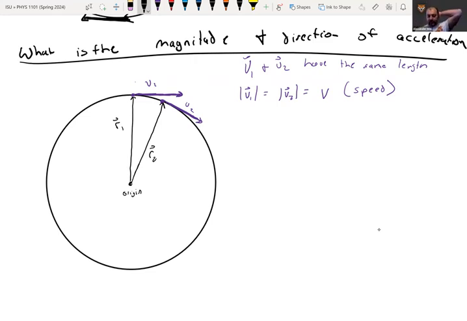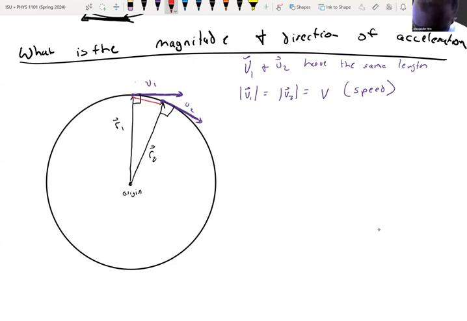Now, the important thing to note here is that the velocity vector is perpendicular to the R vector. That is something worth keeping in mind. As I've drawn R1 and R2, these are tail to tail.